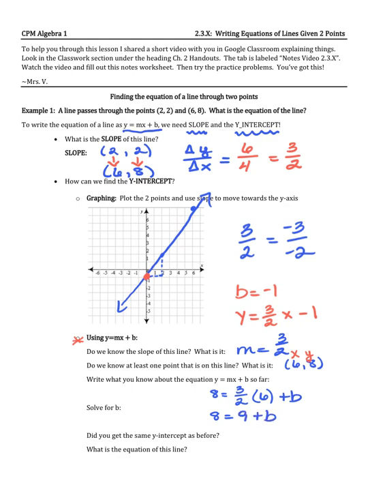And if I subtract 9 from both sides, I'm going to get -1 is equal to b. Did I get the same y-intercept as before? I sure did. And so my equation of the line is the same. y = 3/2 x - 1.